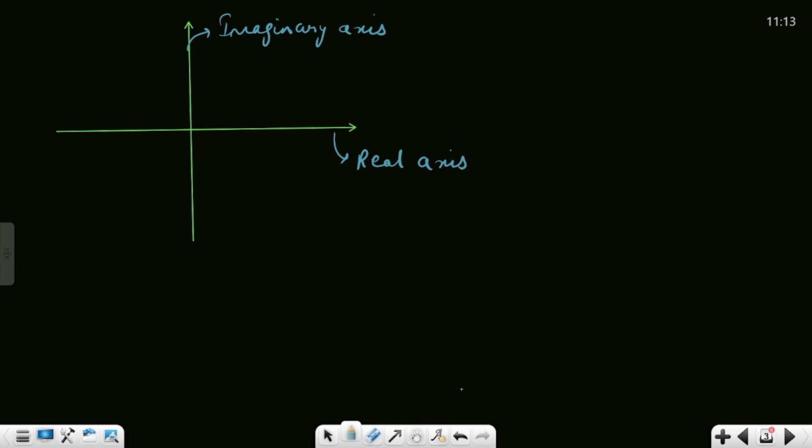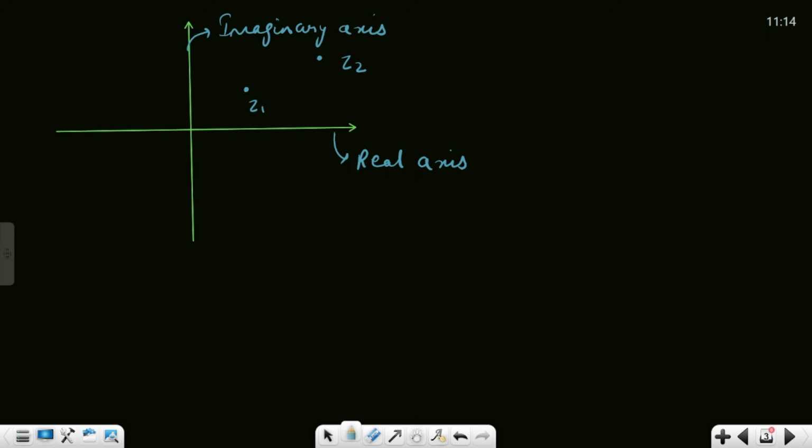So if I try to mark and plot one complex number here, let's say it is z1, and here it is another complex number z2.